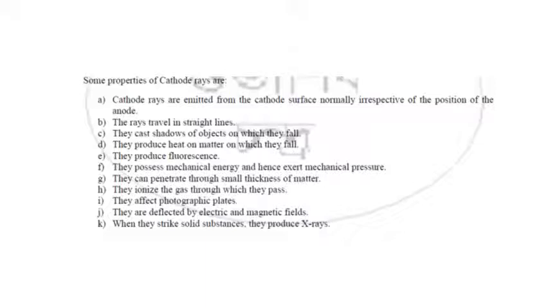They cast shadows of objects on which they fall. This is the same property as we already saw in light also. If you fall the cathode rays on any object, they will form a shadow.